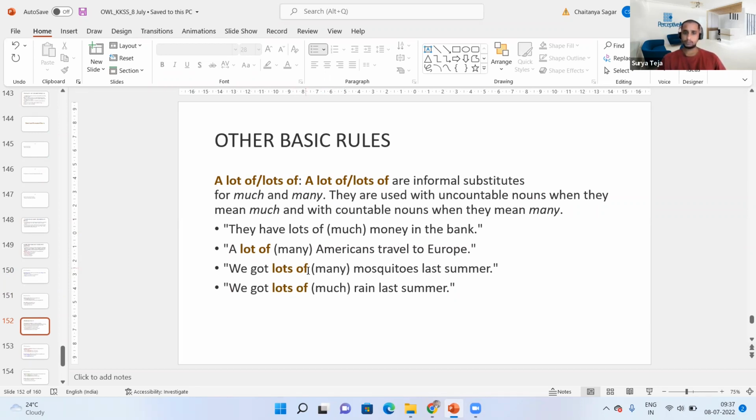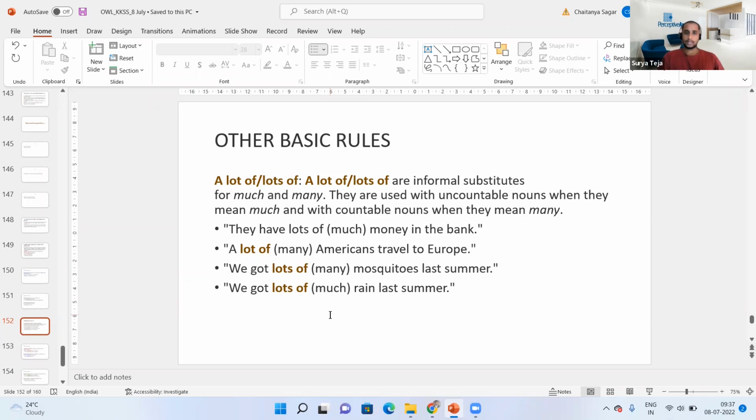They are used for both, but in certain situations, a lot of is not relevant. If you see the first example, so much money, in this case we got lots of rain last summer. Rain is an uncountable noun, so much has to be used, lots of. Very commonly, a lot of is appropriate for countable nouns.